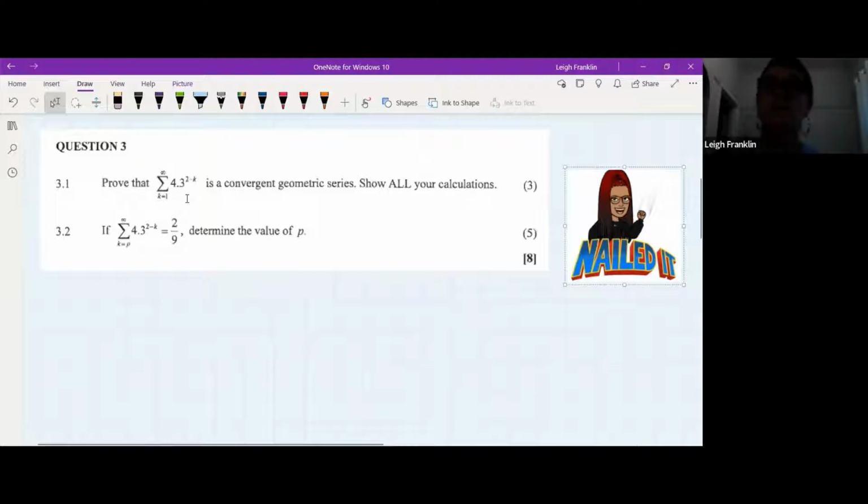Okay, so this is what makes these sorts of questions really difficult, because we need to understand what the question is actually asking us. What does it mean? What do they want us to do? I don't want to tell you, I want one of you to tell me what do you know about a convergent geometric series? What theory do you know about converging geometric series?